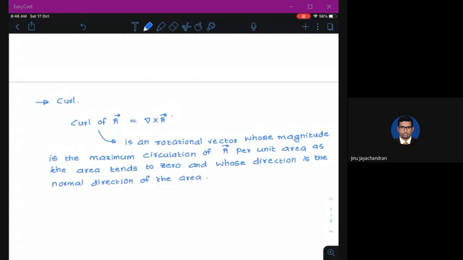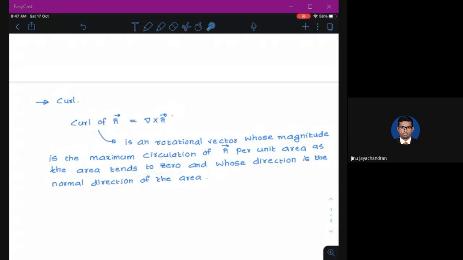It says it's a rotational vector. It's not a linear vector, it's a rotational vector, and whose magnitude, that is, there should be a magnitude for the vector. The magnitude is the maximum circulation of A per unit area. So if you consider any particular unit area, the magnitude gives you the maximum circulation of A in that unit area as the area tends to 0.